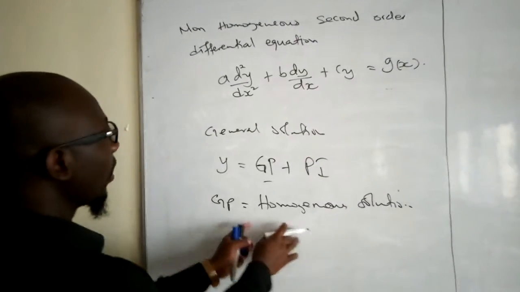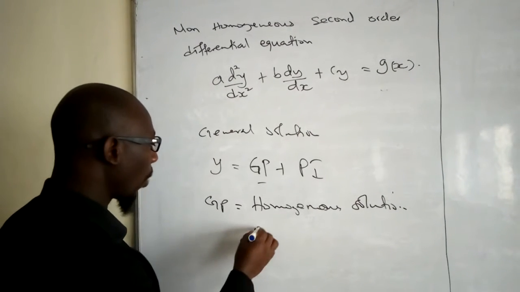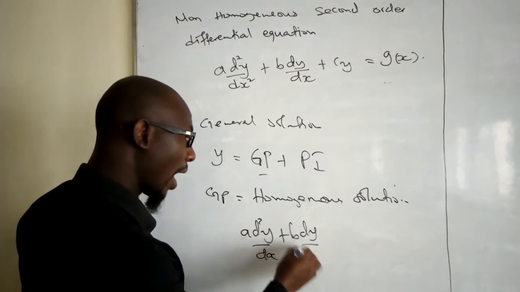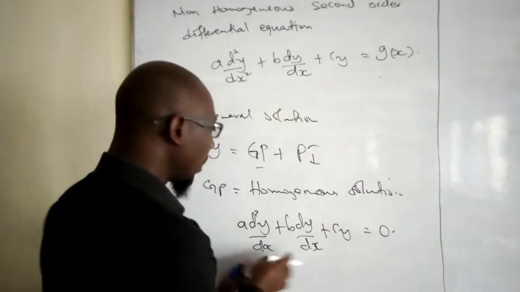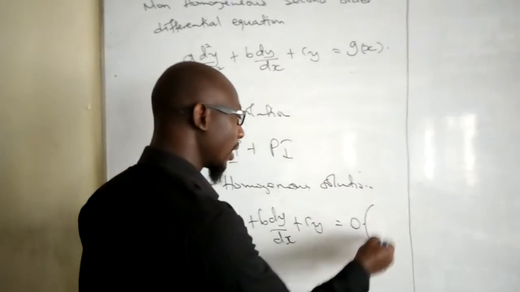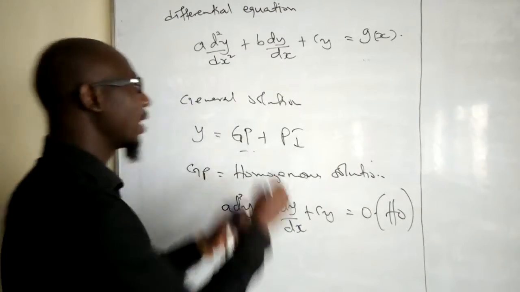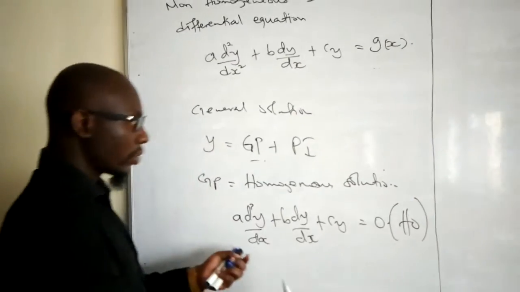And how do you get the homogeneous solution? We take the equation a d squared y over dx squared plus b dy over dx plus cy, and we equate it to 0. If this equation is equated to 0, it is now homogeneous. The solution of the homogeneous equation is what gives us the general solution, and we know that this part is equal to 0.